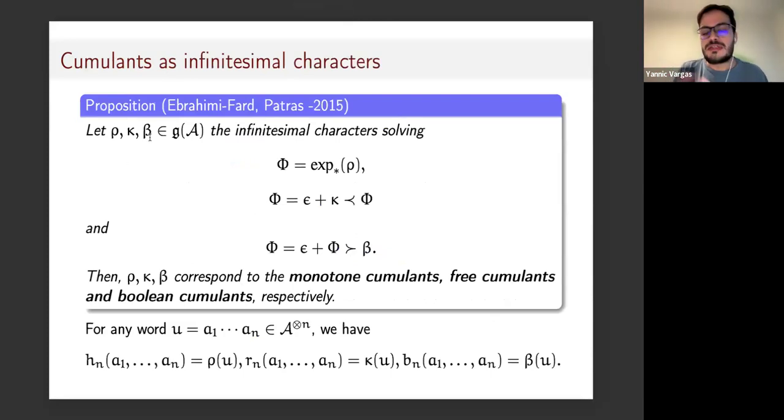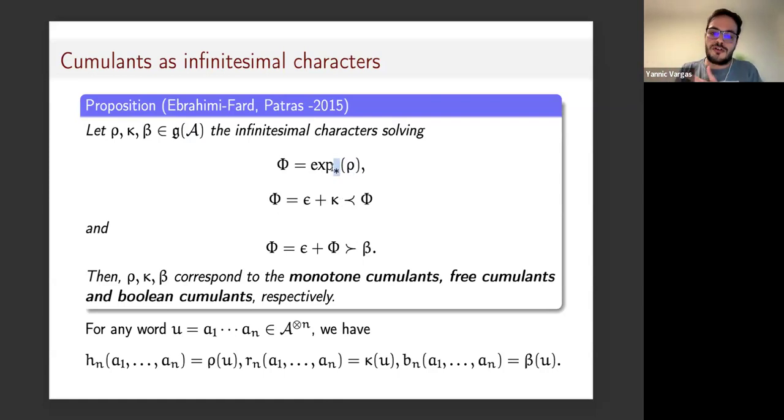If you take infinitesimal characters constructed from the double tensor algebra, starting from A, and you want to solve those equations, so you look at rho, kappa, and beta which satisfy these three equations, then the solutions are precisely the monotone, free, and boolean cumulants that I showed you before through those formulas. So here there are three ingredients. Those are equations on characters.